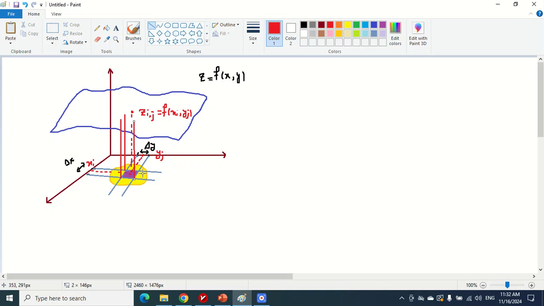We need four lines to construct that cubical shape, and at the end of the day, by connecting them, I can have this shape. So I denote the volume of that cube by Vij. So Vij denotes the volume of the given cube.